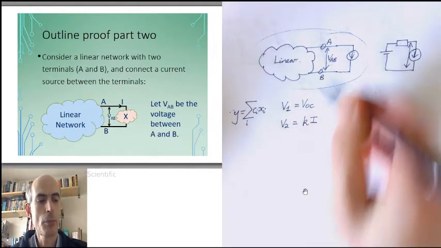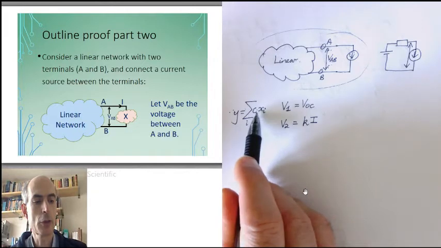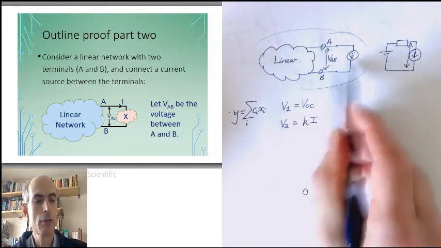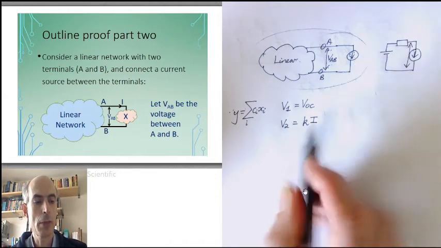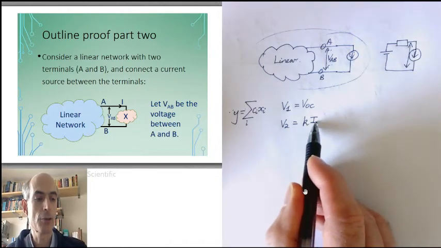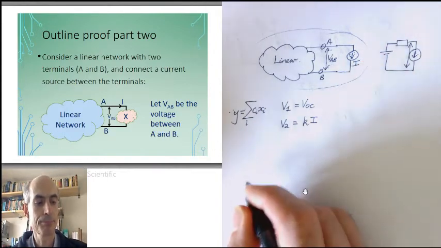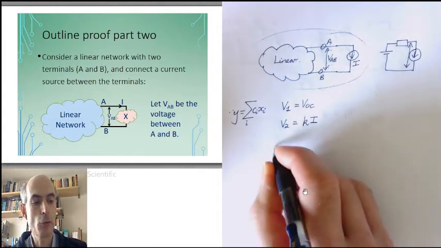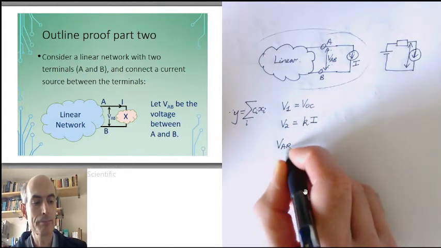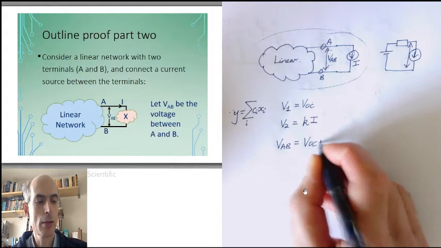Y here is my output VAB, and I'm just looking at the contribution to VAB from this current source here. So that's going to be some constant K times this current, I. The total voltage between A and B, therefore, VAB, will be the sum of these two, VOC plus KI.